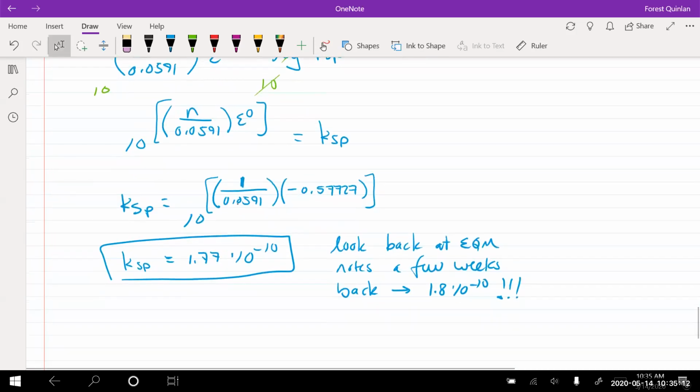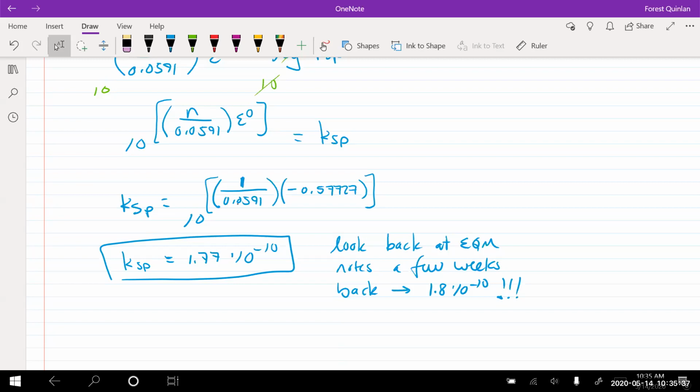Bam. We started out equilibriums talking about the fact that the products over the reactants will equal some sort of constant. We went through some liquidy examples and then we did some solid examples. And one of our first solid examples we ever did was silver chloride breaking apart. And we listed that out as 1.8 times 10 to the minus 10.